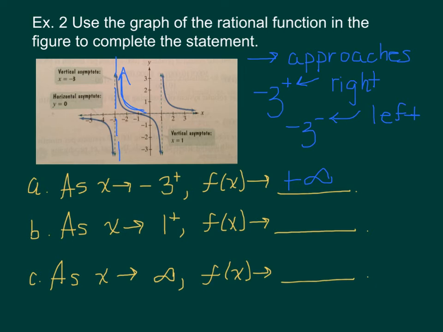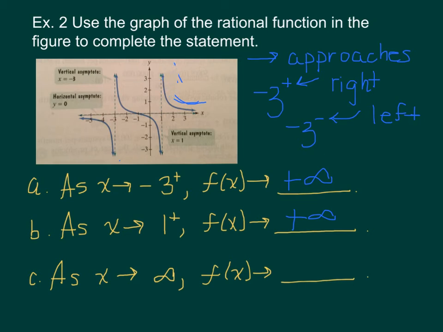B, as x approaches 1 from the right. Let me erase this so you can see. So from the right side, that's this side, f of x, or your y values, are going up to positive infinity.